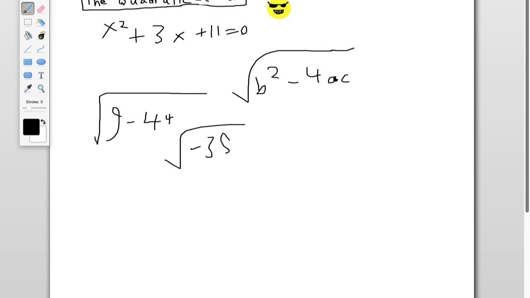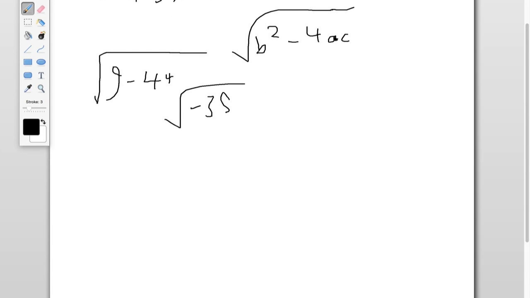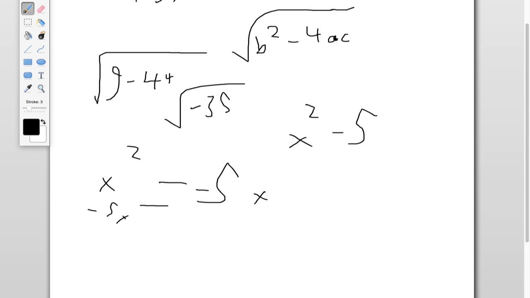And we can even prove this further with another equation. Let's say we had x squared equals 5x. The way that we'd solve this one is we'd first want to get 5x onto this side. So we'd subtract 5x from each side, and we get x squared minus 5x. And we need to have a c, so we're just going to add 0.